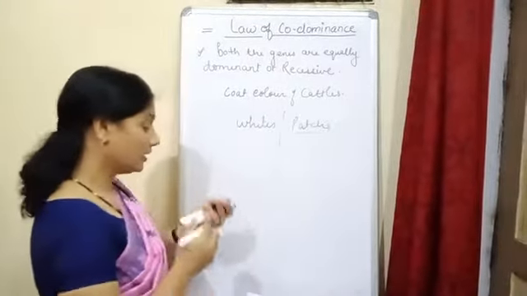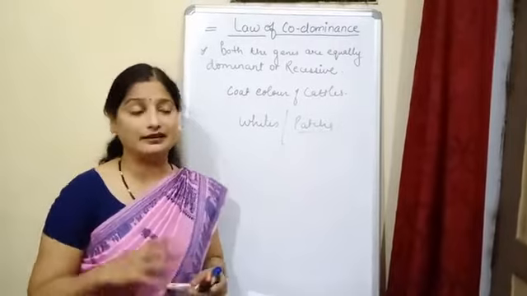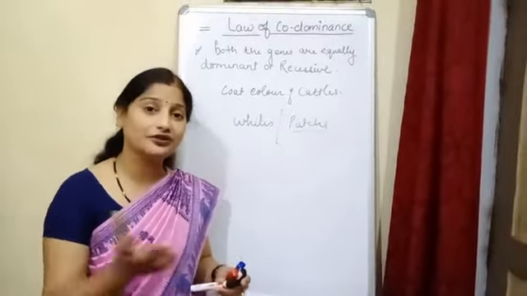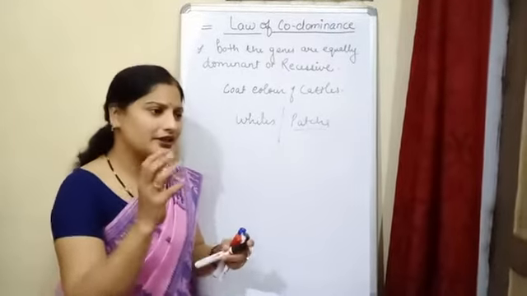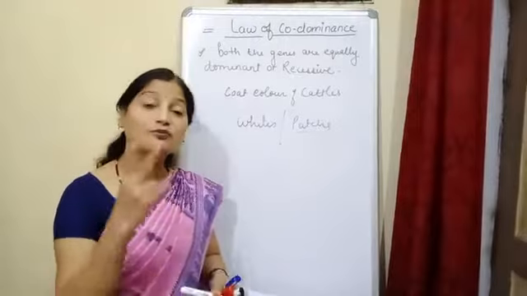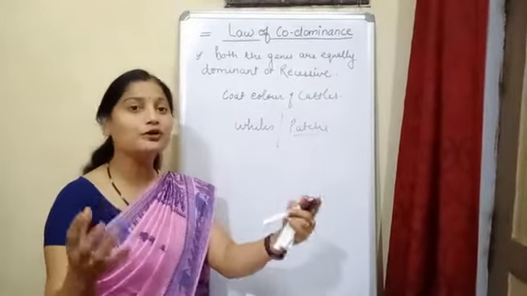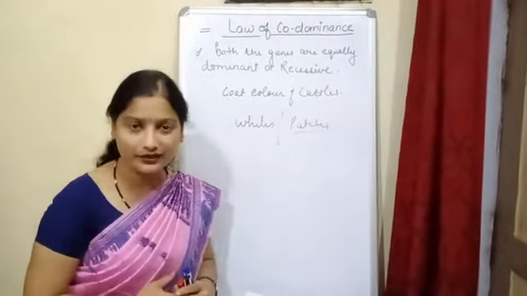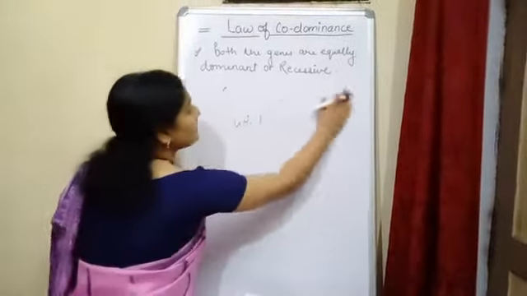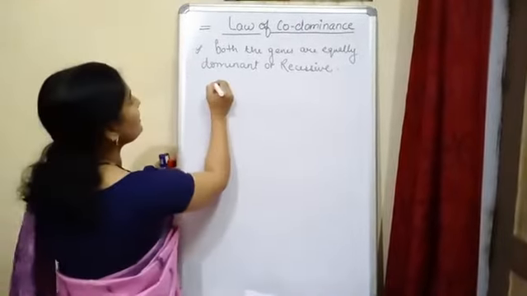Or you must have seen dogs of different colors, like a white dog with black patches or a brown dog with white patches. So these patches represent the law of codominance, when both the genes are equally important and both of them are expressing their color in the organism.